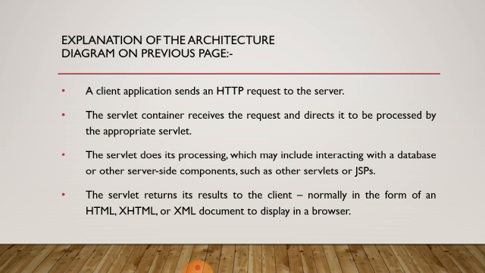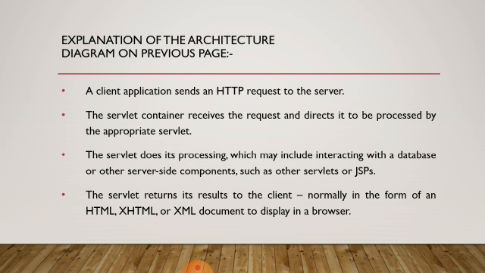Okay, so here is the explanation of the architecture diagram on the previous page, simply the overall explanation of the architecture. A client application sends an HTTP request to the server. The servlet container receives the request and directs it to be processed by the appropriate servlet.